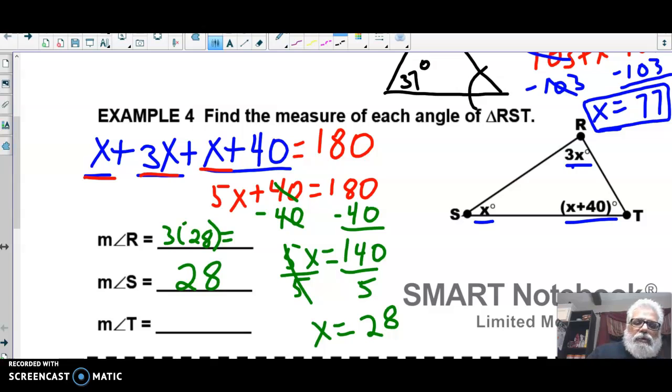I get 84. And then in my last one, I'll plug in my 28. It's going to be 28 plus 40, which will equal 68. And that's using the algebra to solve for the interior angles of a triangle.